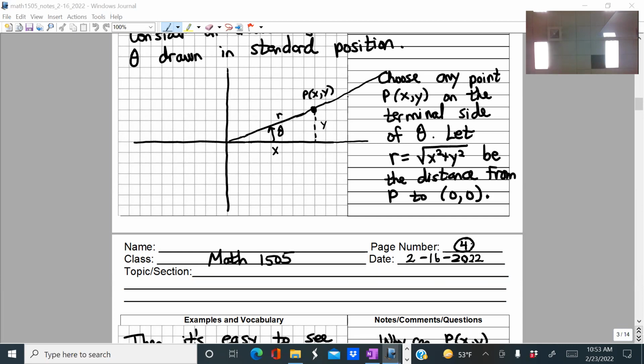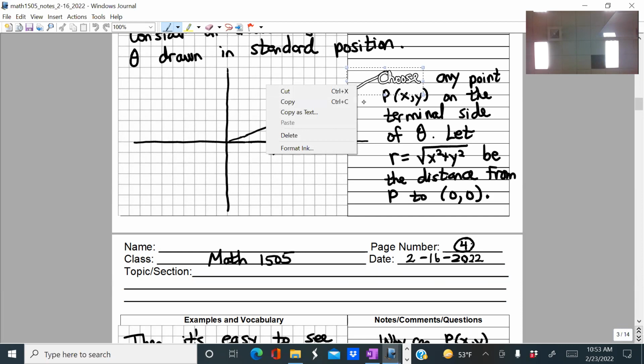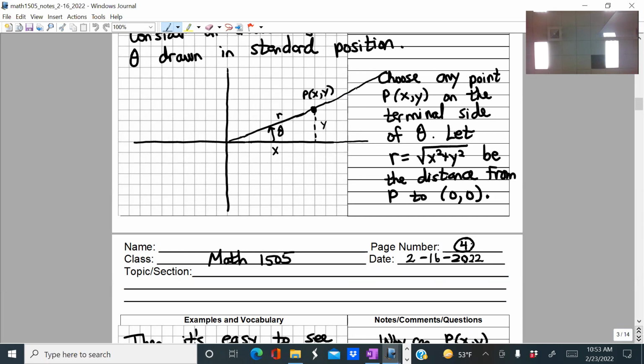One thing I do want to point out, though, that is really important, is that this point on the terminal side can be any point at all. I could have chosen the point way over here, as I mentioned earlier, instead of here. Why does it not matter where you choose that point? Because when you draw the right triangle, this right triangle and this right triangle, what's their relationship?